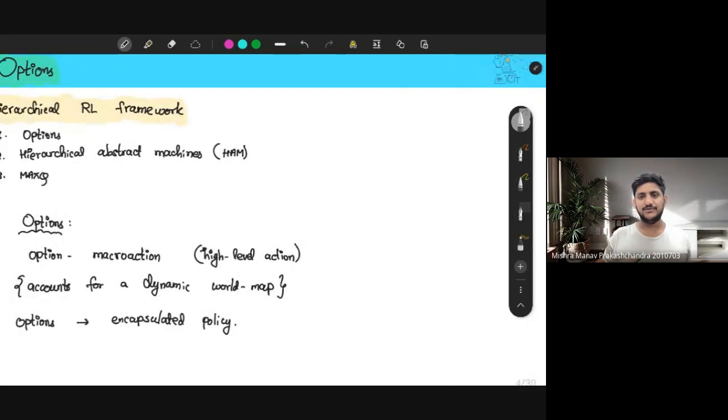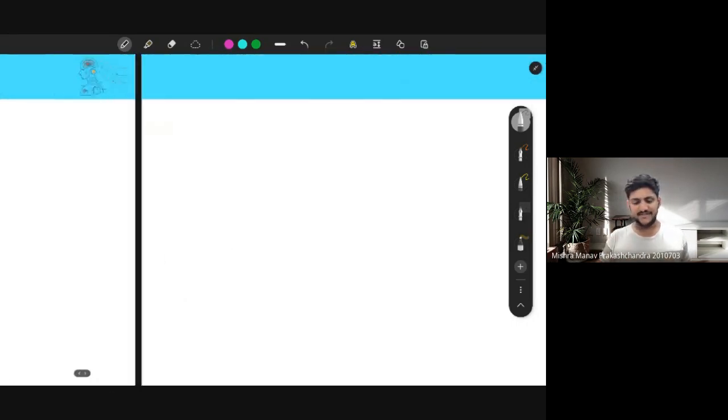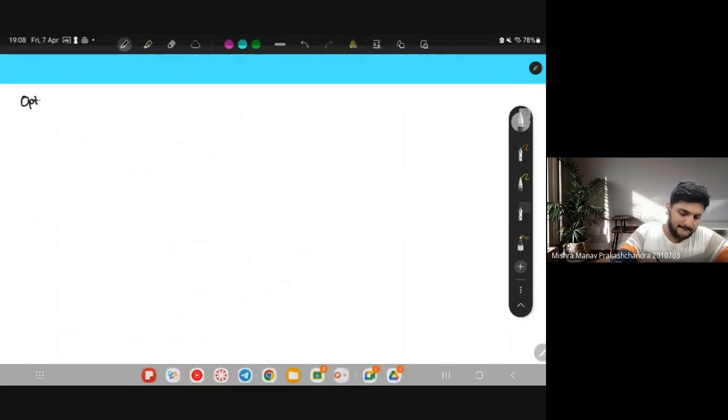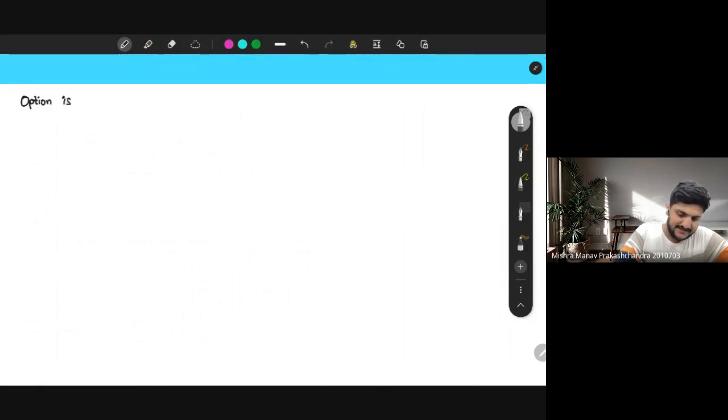To define an option, it's typically defined as a tuple consisting of I, pi, and beta.